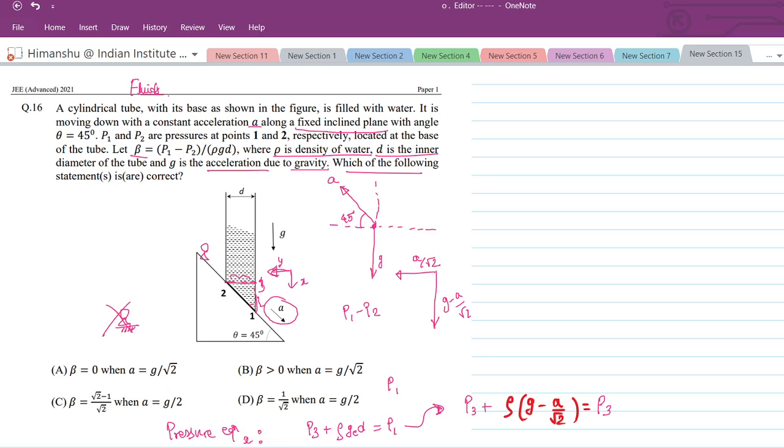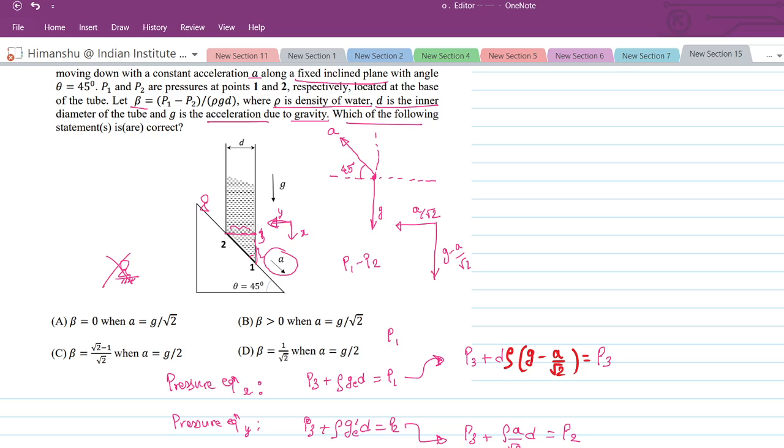And for this you would get p3 plus rho, and what will be the g effective in the y direction? Simply a over root 2, into d, equals p2.